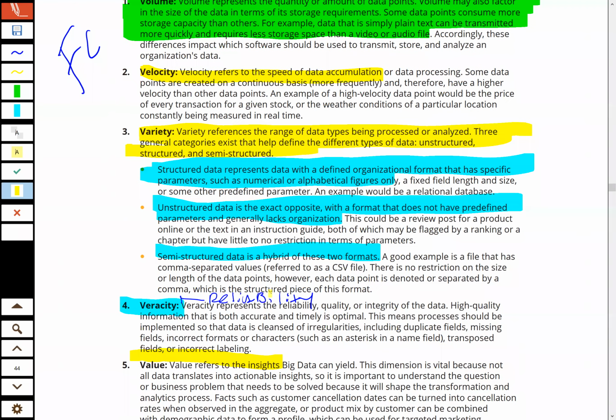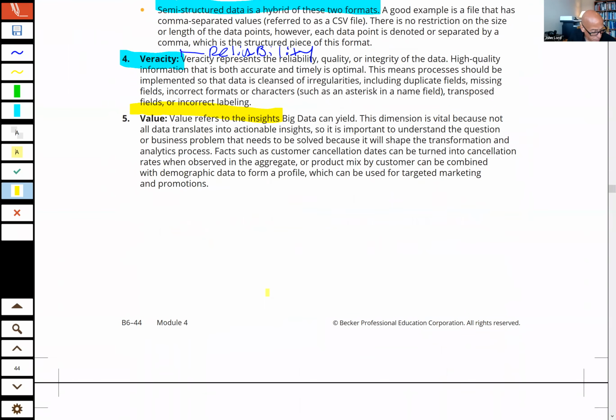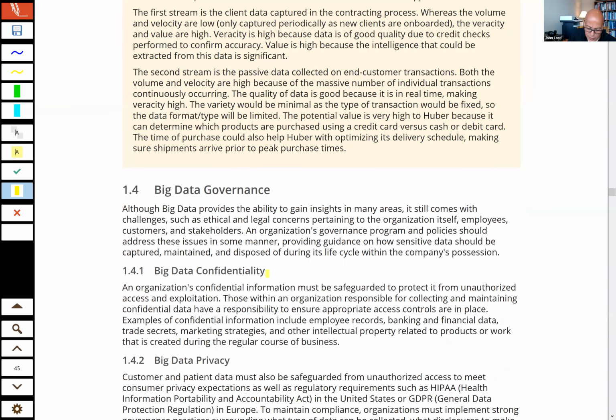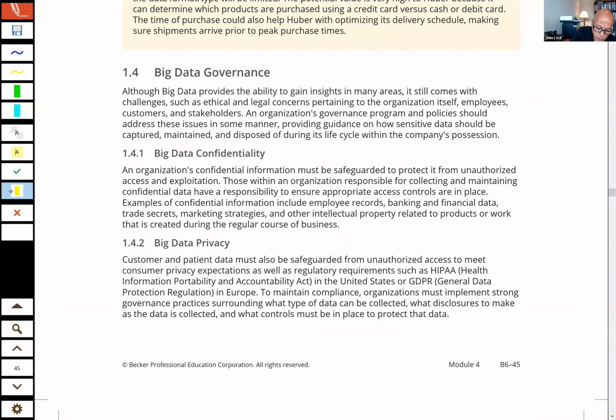Now we start to talk about data governance, big data governance. These are some pretty important considerations. As I was going through this material today, we're going to start getting into information technology management, data management, some of the later modules tonight.